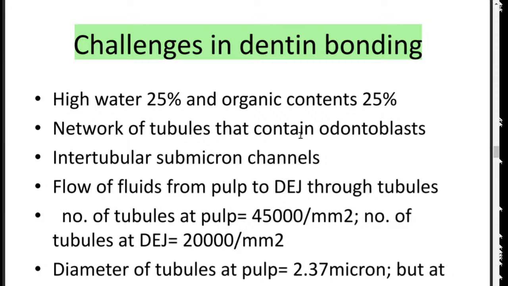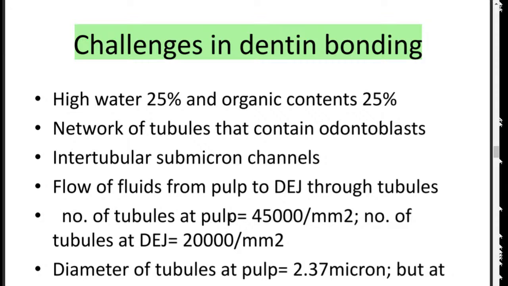A network of tubules that contain odontoblasts is another challenge. And intertubular submicron channels, flow of fluid from pulp to dentino-enamel junction through tubules.